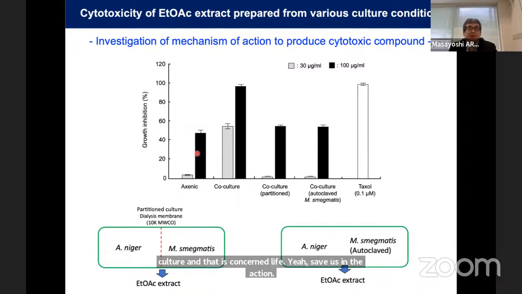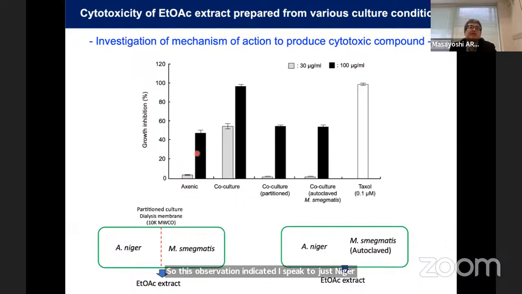So these observations indicated Aspergillus niger needed to contact directly with living Mycobacterium smegmatis for producing a cytotoxic compound. Currently we are investigating which molecule of Mycobacterium smegmatis activates the production of the cytotoxic compound. Also, we have planned to investigate which type of signal transduction pathway is activated in Aspergillus niger.